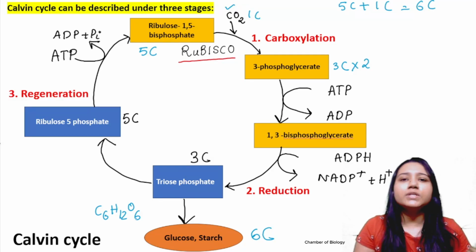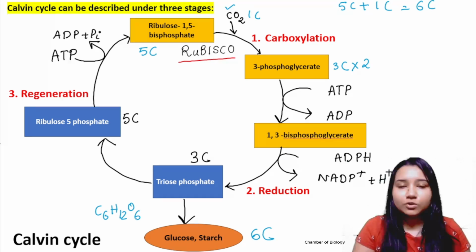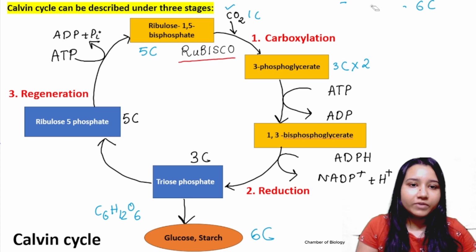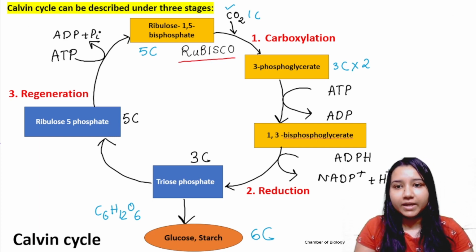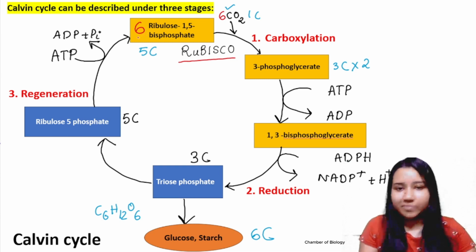So why don't we start the reaction with 6 carbon dioxide? So it is going to be easier for us. Yes, we know that hard work is important, class, but why don't we switch to smart work, right? So instead of taking only 1 carbon dioxide, from now onwards, I am going to take 6 carbon dioxide and 6 molecules of ribulose 1,5-bisphosphate.